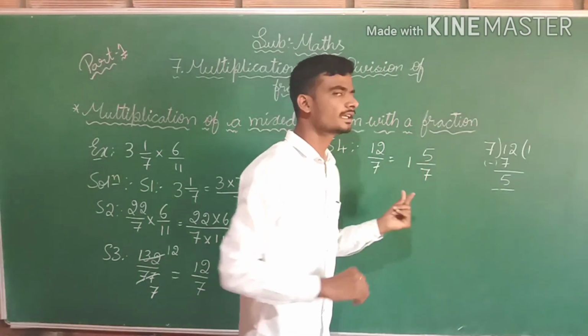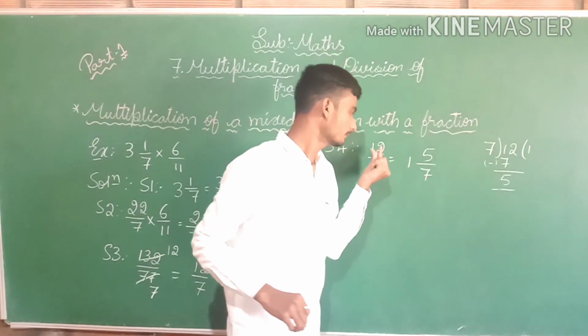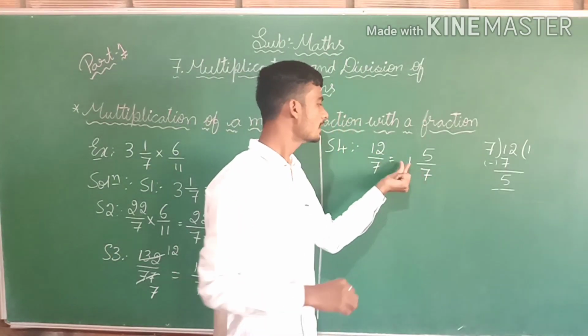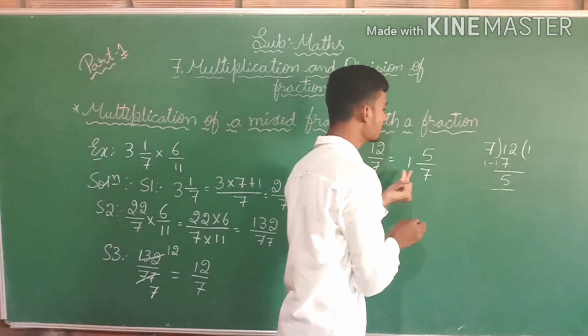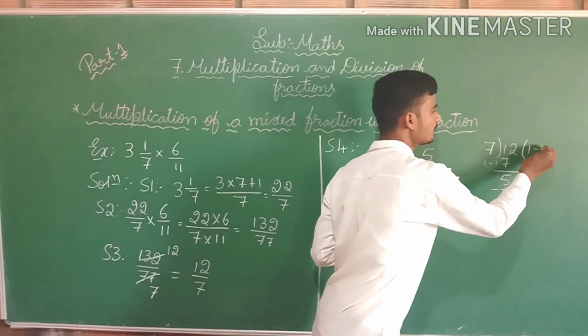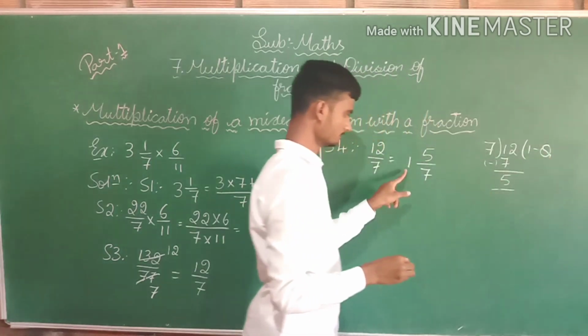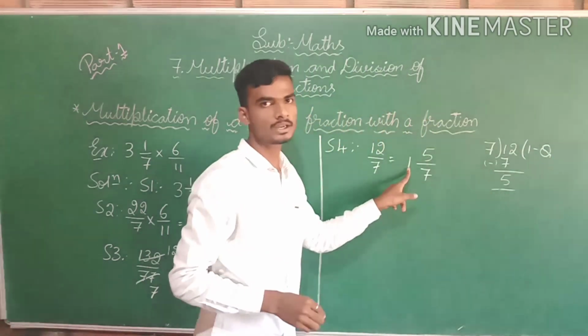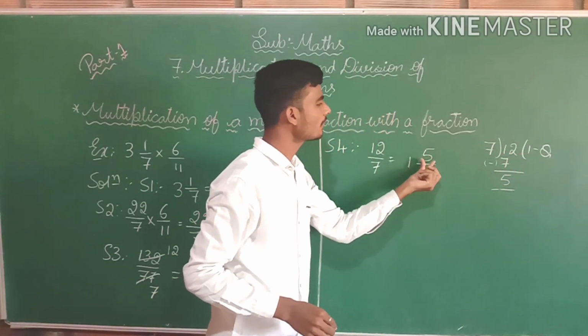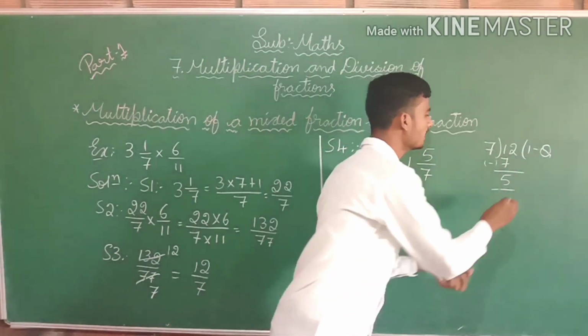While you are writing a mixed fraction for the given fraction, you have to remember: first you have to write the quotient part as the whole number. Then the numerator you have to write as the remainder part.